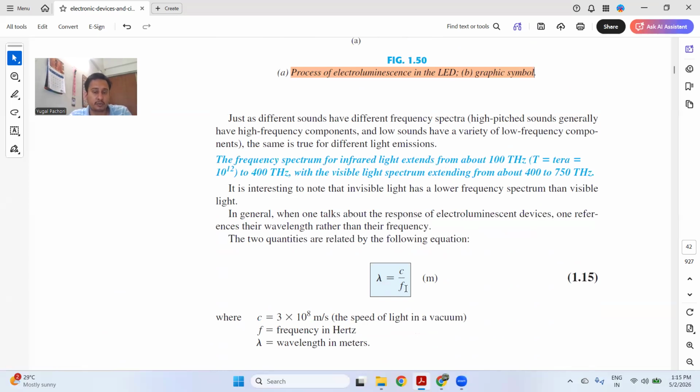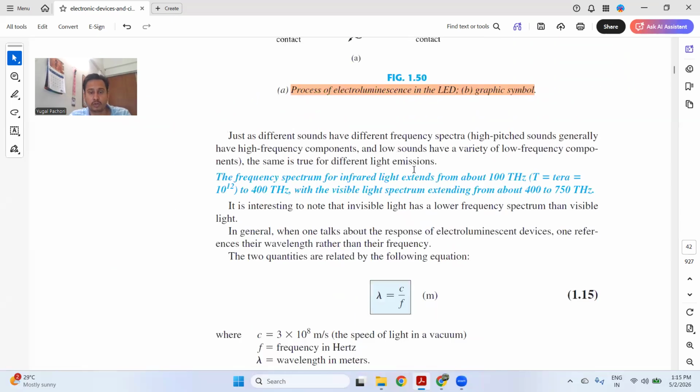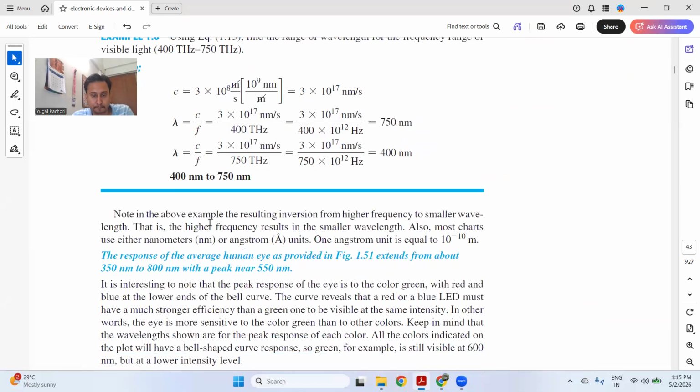What is c? c is the speed of light, and f is the frequency, which is measured in hertz. So you need different frequencies to emit different kinds of light with different wavelengths, which is denoted with this formula: f is equal to c over lambda, or lambda is equal to c over f.